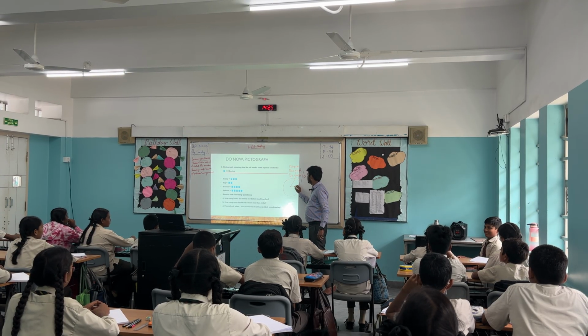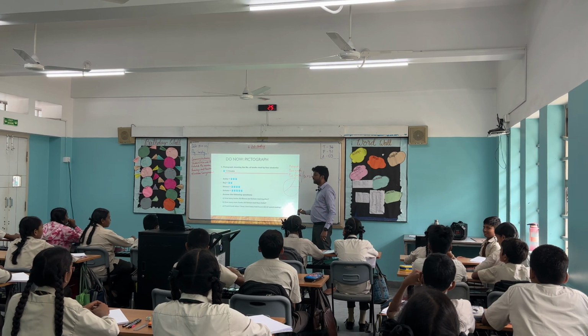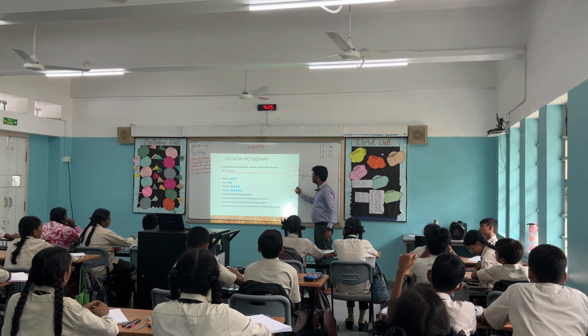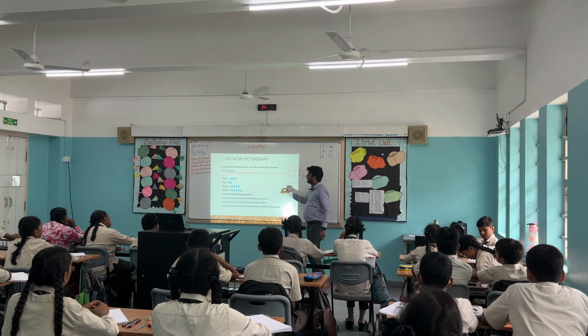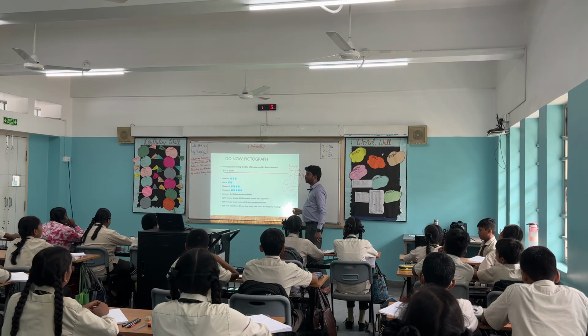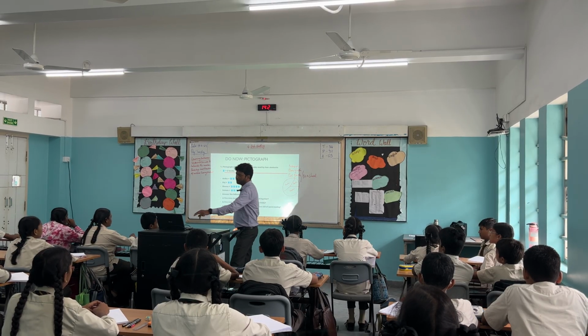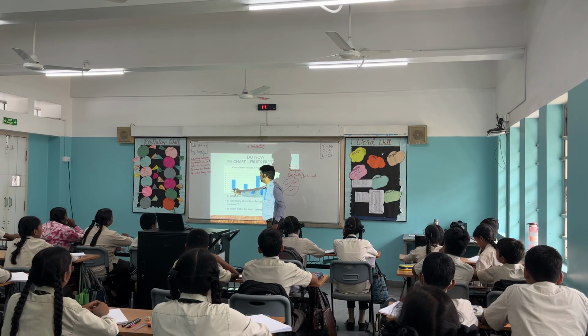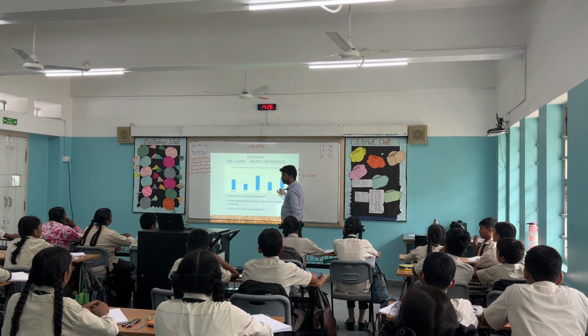These are called sectors. Here, a total of 4 different divisions are there. When we were dealing with the bar graph, how many divisions were there? 1, 2, 3, 4, 5.